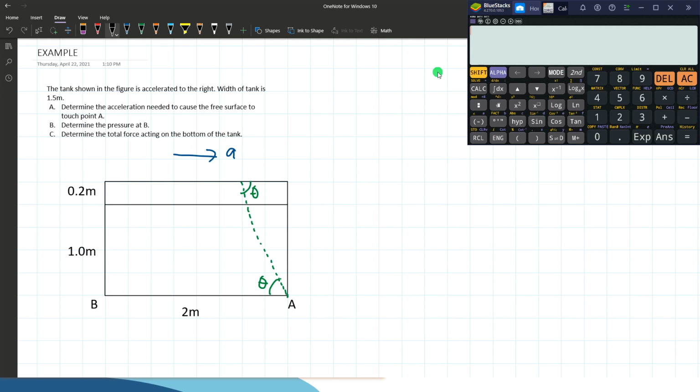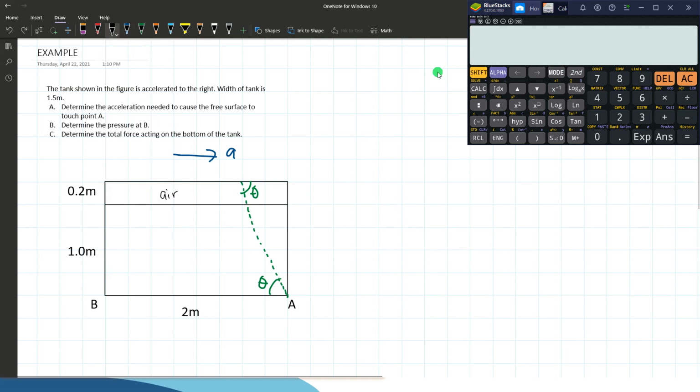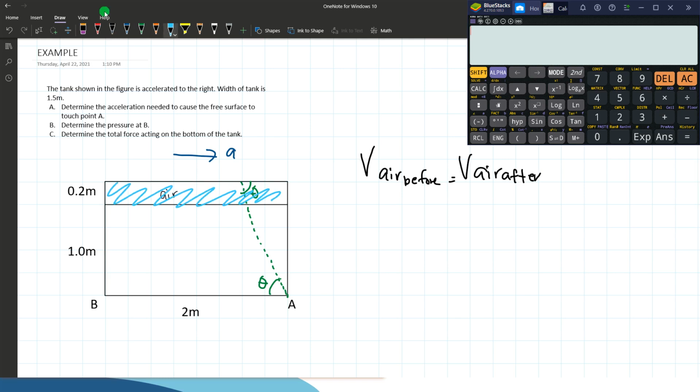Therefore, the volume of air in this container before is just equal to the volume of air after the body is in motion. So let's compute first the volume of air before.